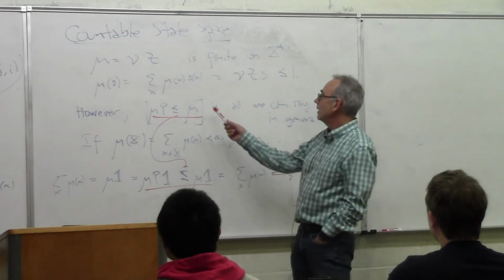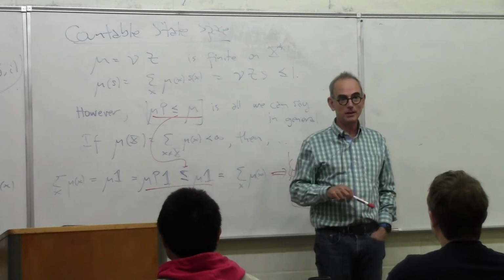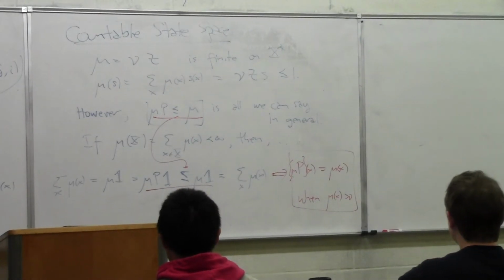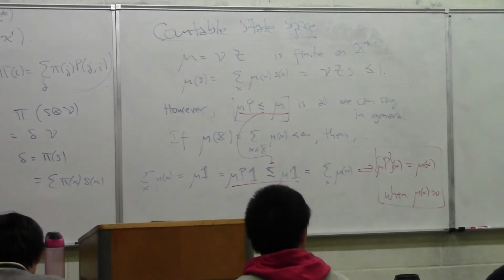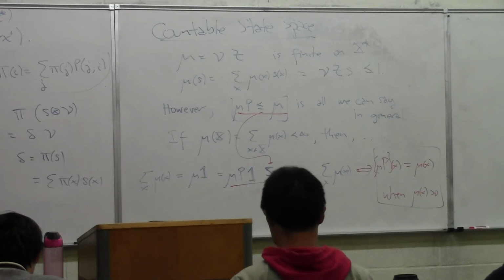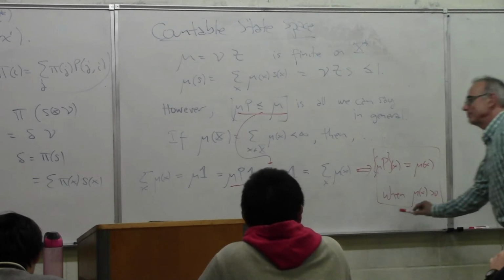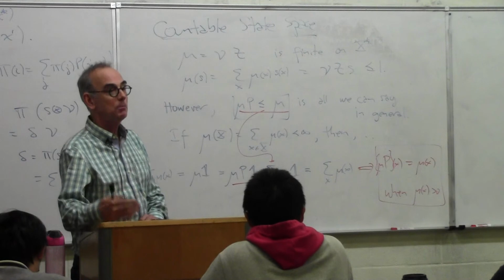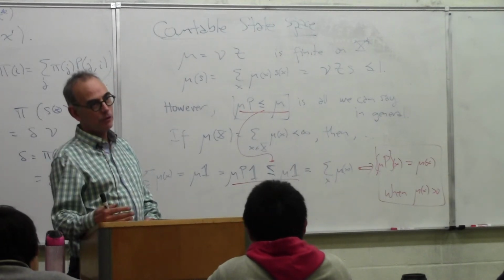Now, if this were not finite, I would just get infinity is less than or equal to infinity, which damn straight it is. That's the thing. So once you have finiteness, then you have equality. So then the trick is to have a criterion for it to be finite. And that only matters for a countable state space, but that's probably not my biggest objective, to talk about countable state spaces versus finite.